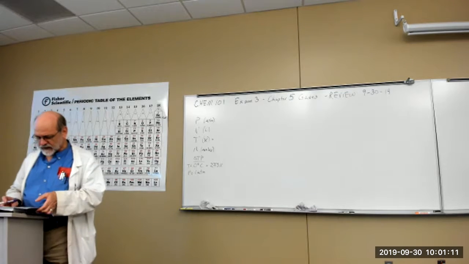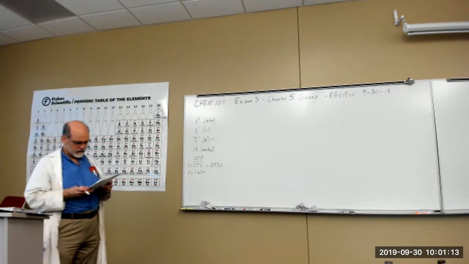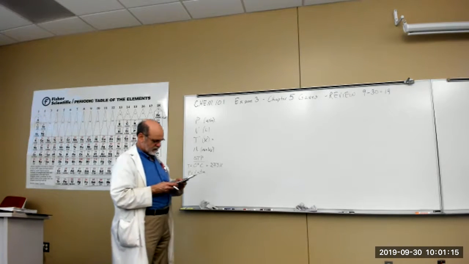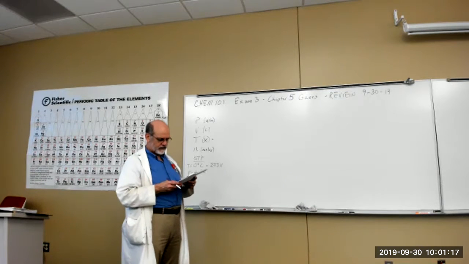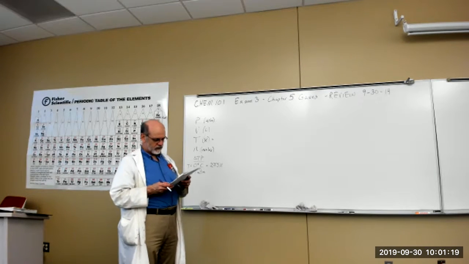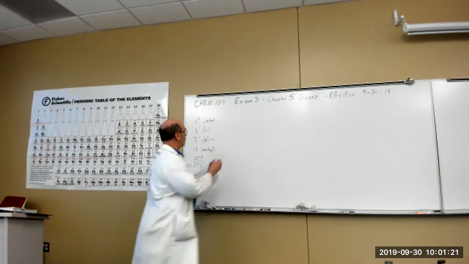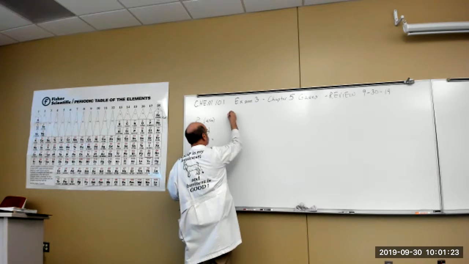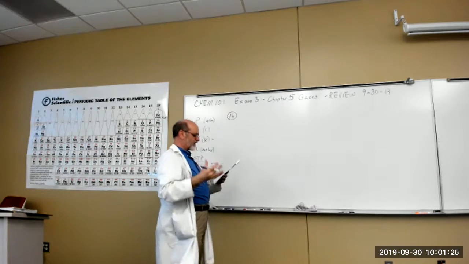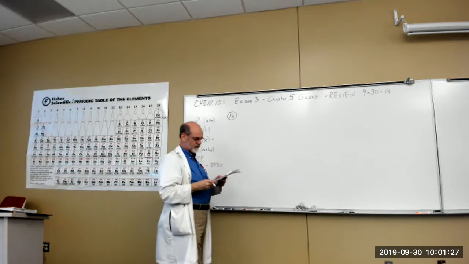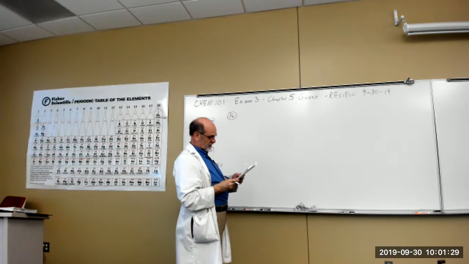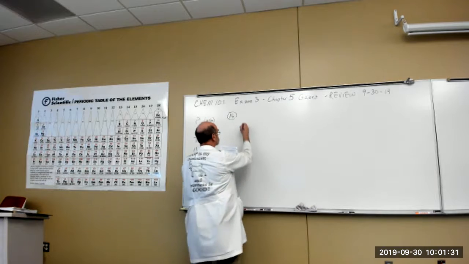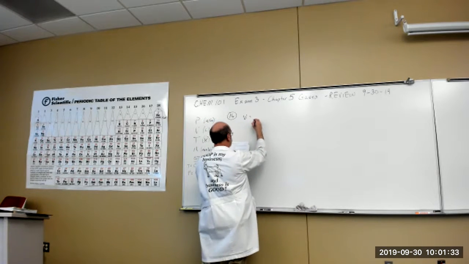A balloon has a volume of 2.32 liters at 24 degrees C. The balloon is heated to 48 degrees C. Calculate the new volume of the balloon. So, what are you given? That's a good place to start. A balloon has a volume of 2.32 liters.